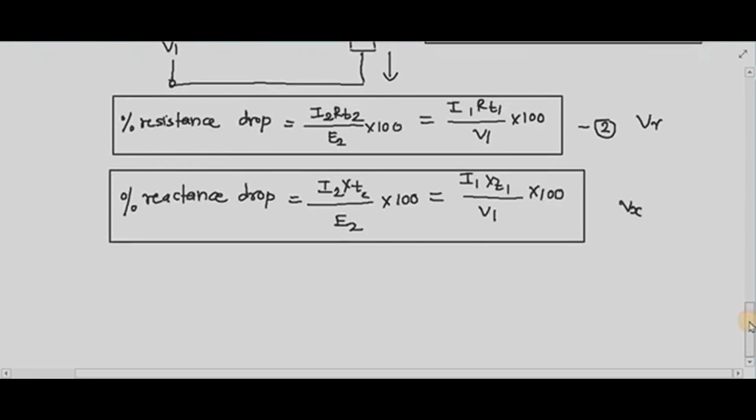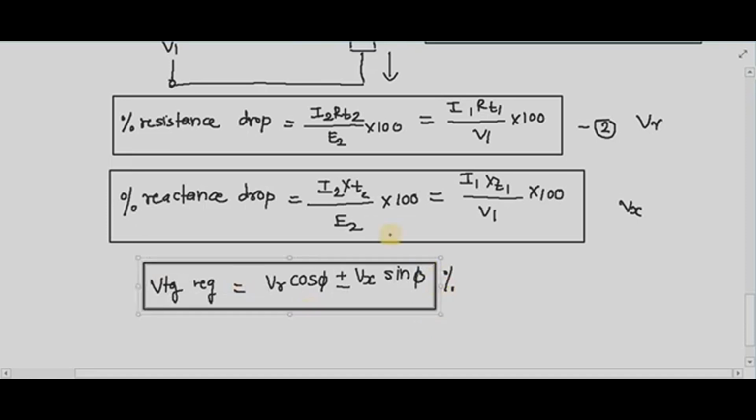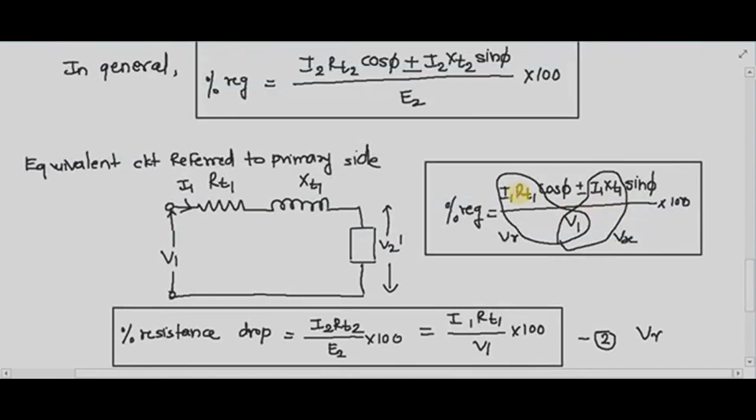So how will the voltage regulation formula get modified? The voltage regulation equals VR cos phi plus or minus Vx sin phi percent, because I have now replaced these terms in the formula by VR and Vx.